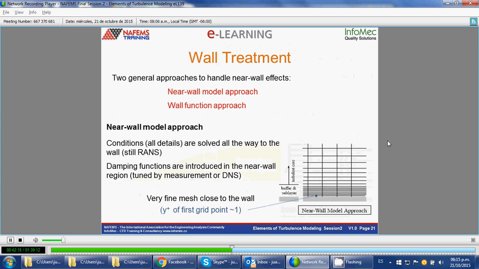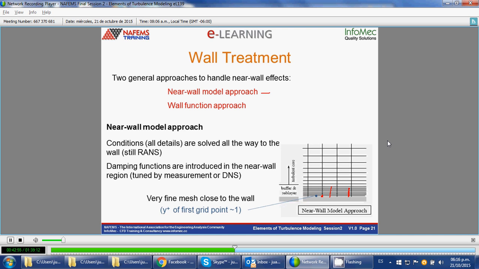So let's take a look at this. I said there are two approaches. One is the near wall model, where we use K epsilon and go all the way to the wall, even through the buffer layer and sublayer. In order for this to work, we need to create a fine mesh so we can resolve this and model all the way to the wall.